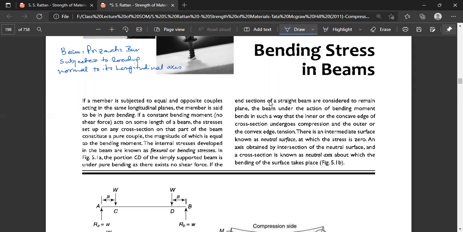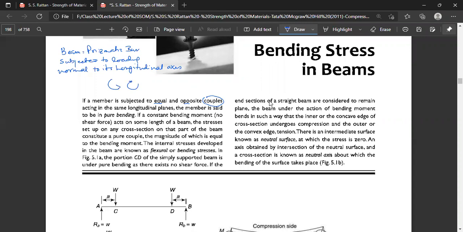said to be in pure bending. So equal and opposite couples means equal and opposite bending moments acting in the same longitudinal plane, and the member is said to be in pure bending. There is supposed to be one bending moment acting in the clockwise direction like this, and another bending moment acting in the anti-clockwise direction like this.